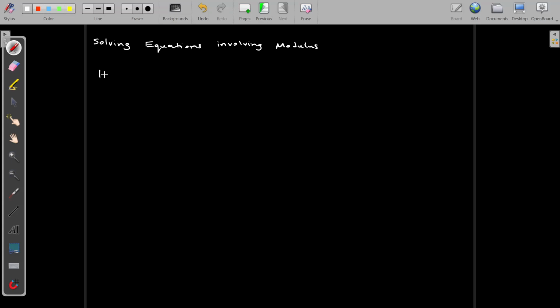So if we have the modulus of x plus 1 being equal to 5, and we need to solve for the possible values of x.